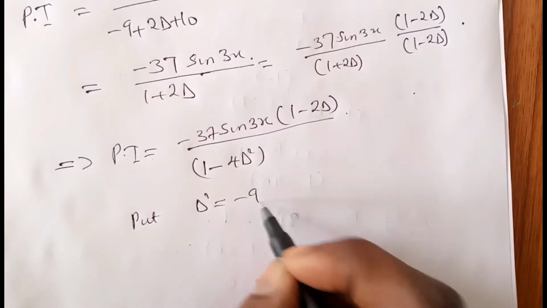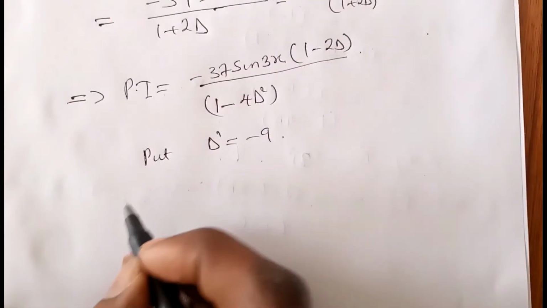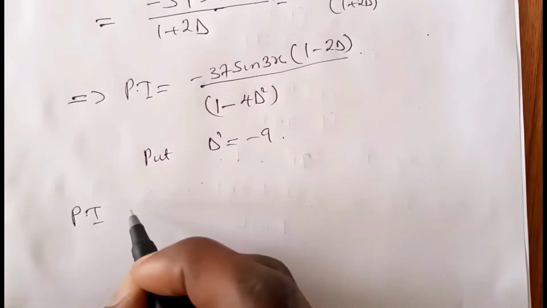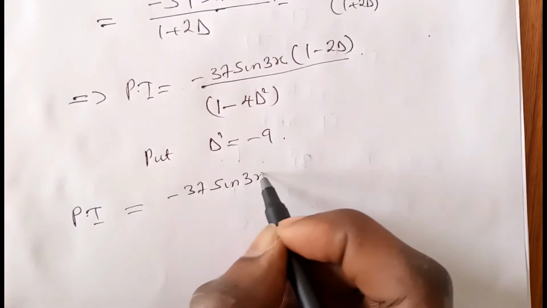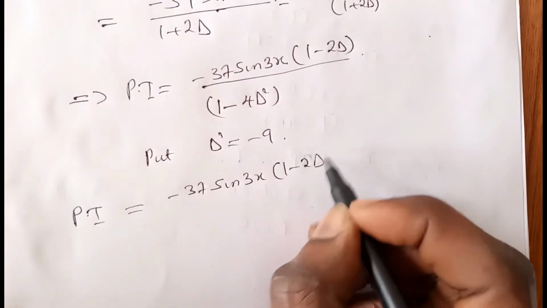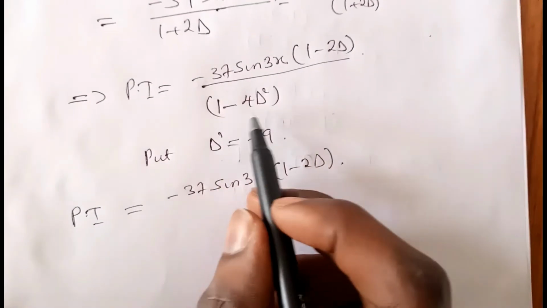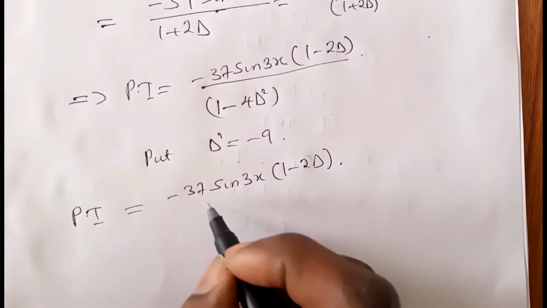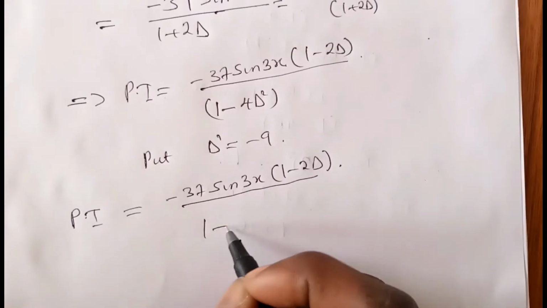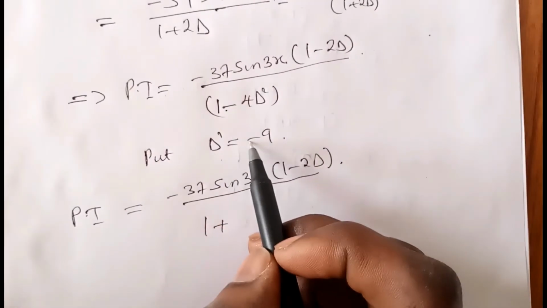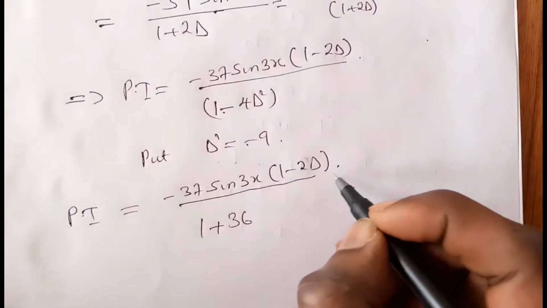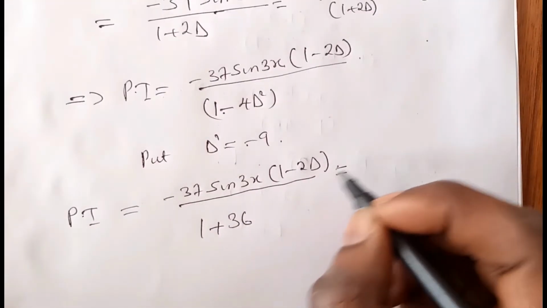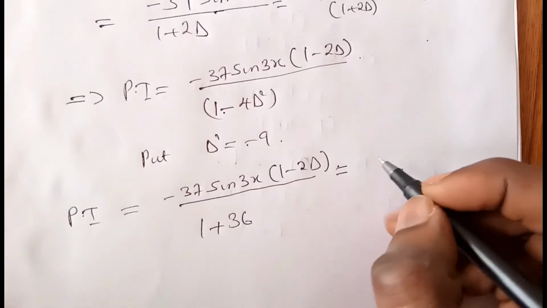So here, since we have D squared again, we have to put D squared equal to minus 9 again, and then the PI will be minus 37 sine of 3x into 1 minus 2D over 1 minus 4 times minus 9, that is 1 plus 36, and this is the same thing as 37 divided by 37.